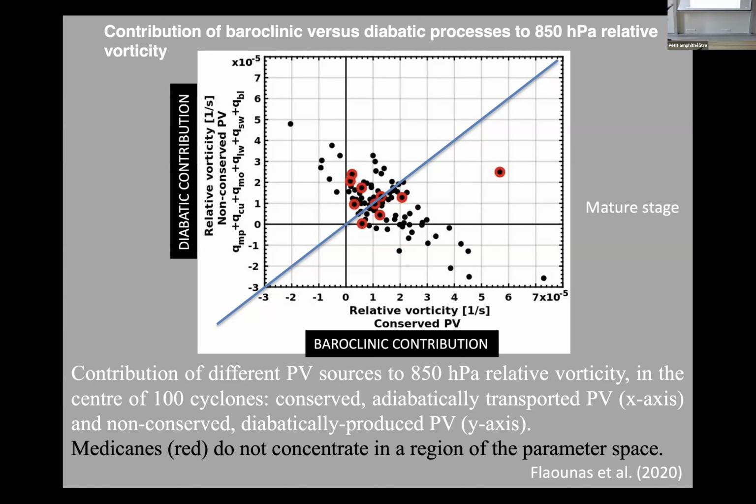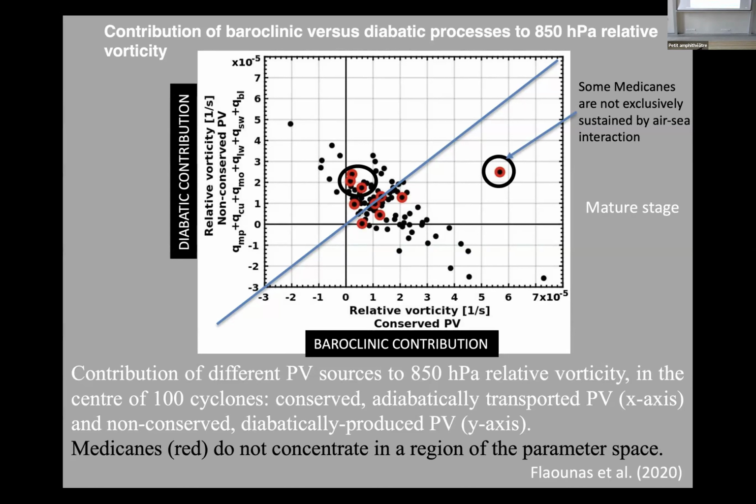So you have a diabatic contribution to the 850 hectopascal relative vorticity that for a few cases is really the main source, but in general, you have a contribution of both sources. So for sure, baroclinic interaction seems not to be exclusive in the development of this cyclone in the mature stage.